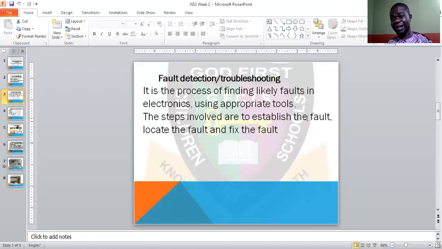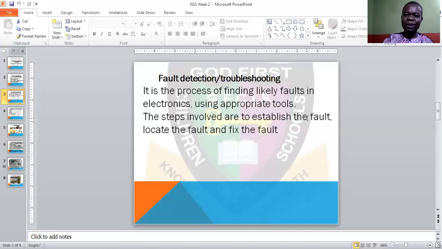You were taught maintenance in JSS3, to repair the electronic. He then fixes the fault, whether he has used the oscilloscope, the soldering iron, or whatever he makes use of at that time.